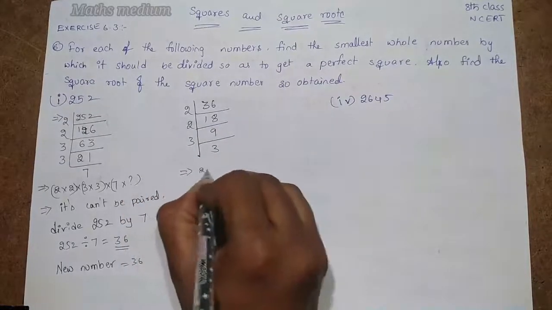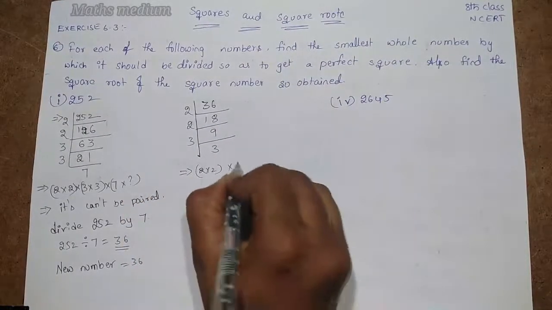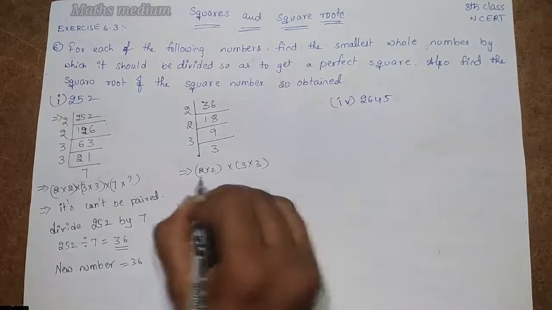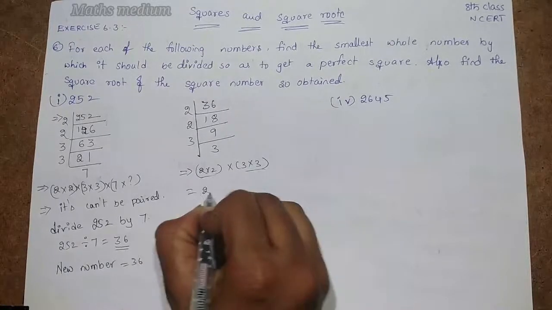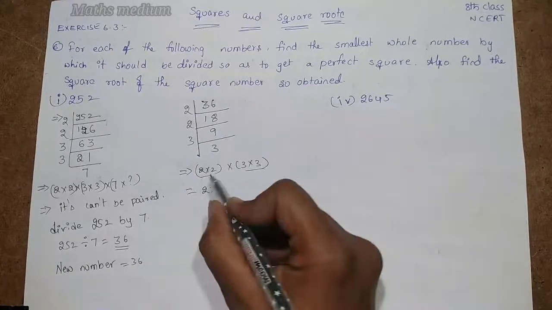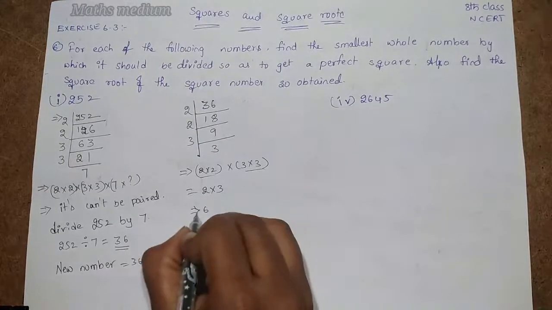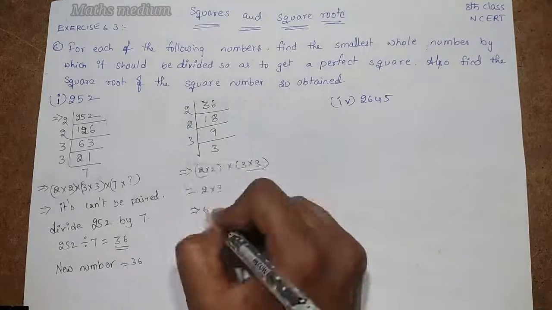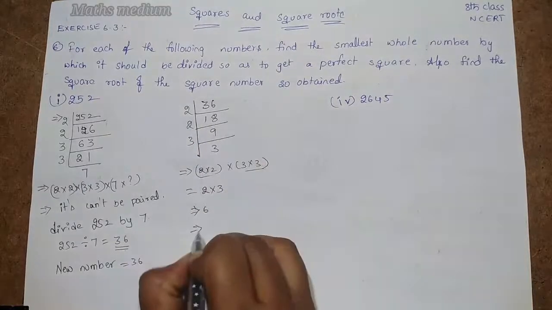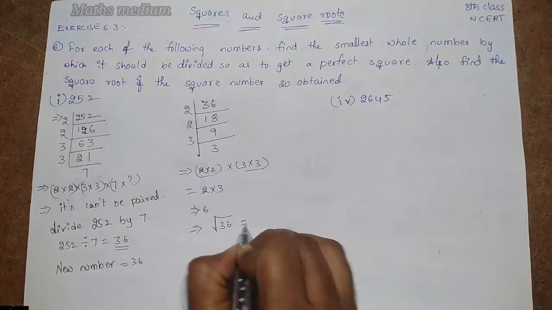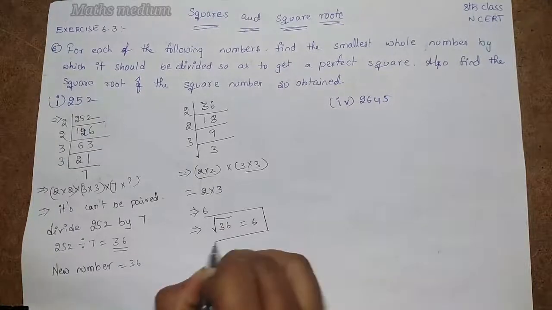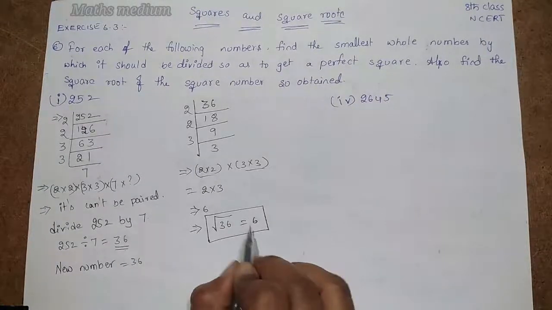Now 2 into 2 into 3 into 3. Here we get paired numbers. Now 2 into 3, take one single number from each pair. 2 3s are 6. 36 is the perfect square. So root over 36 is equal to 6. This is the answer for this one.